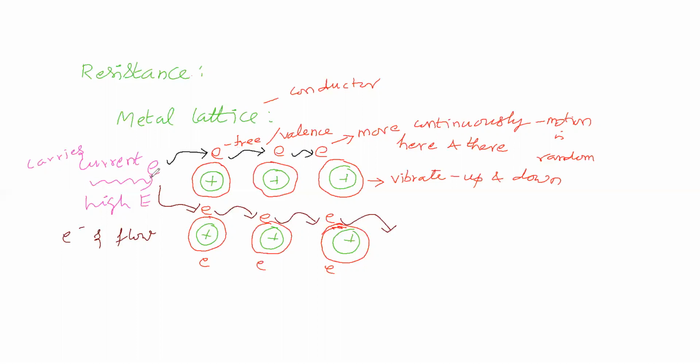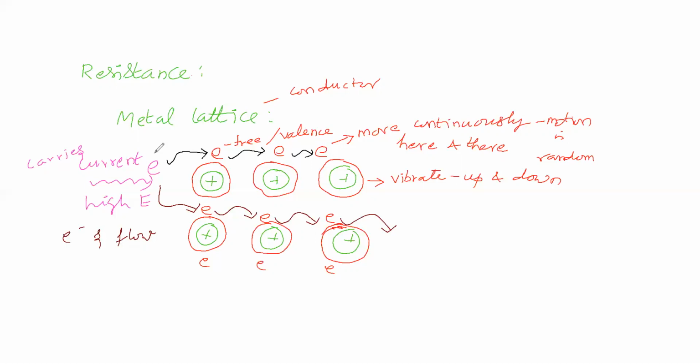Similarly, when this electron comes to this place with a higher tendency, then immediately this electron will shift to this place. So the tendency of free electron movement depends on what? The tendency with which this electron comes to this place, and the tendency of this electron to go to this place.